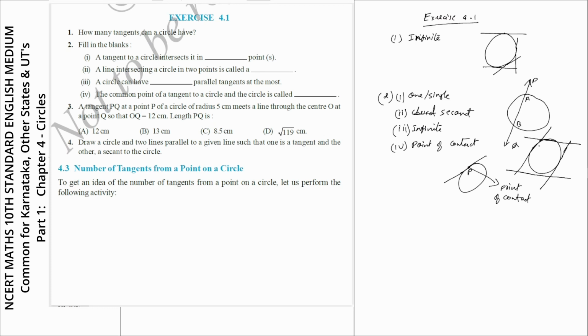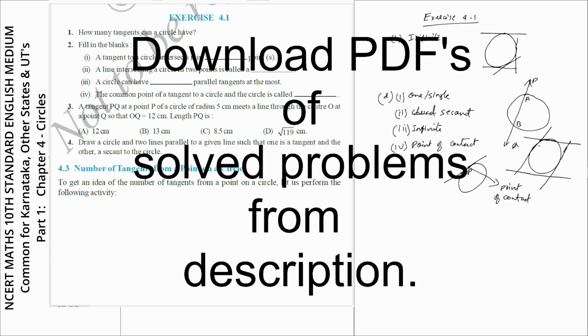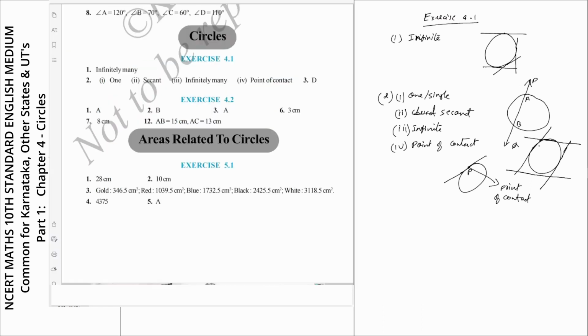Let's check the answer. So you can see circles. The answer for the first question is infinitely many. So you can write infinite or infinitely many. It's one and the same. Grammatically there is no mistake. And the second sub question, the answer is one, or you can write a single point.